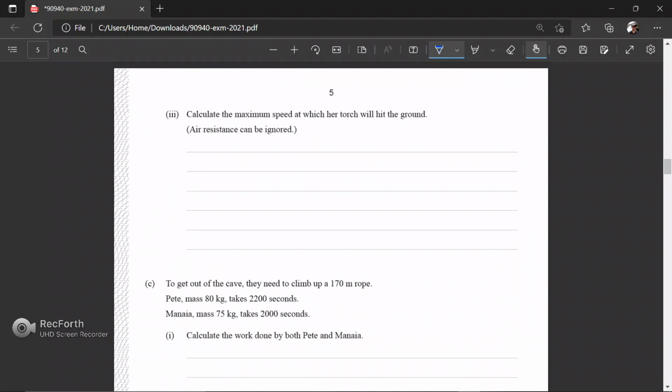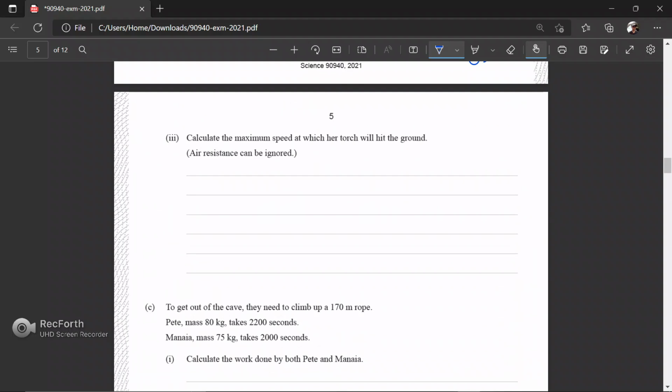Now this here is our excellence level question, and it asks us to calculate the maximum speed at which her torch will hit the ground. As this is a question of energy, we know that there are only two equations that describe energy. That is kinetic energy, which is EK equals half mv squared, and EP, or gravitational potential energy, equals mgh.